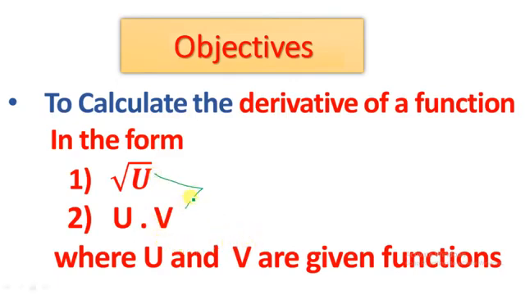That means u and v may contain a variable like x. Okay? Let's start with a short revision of the previous rules.